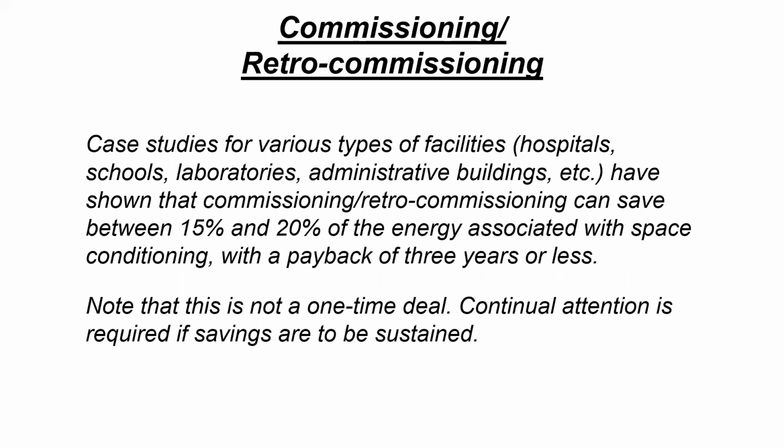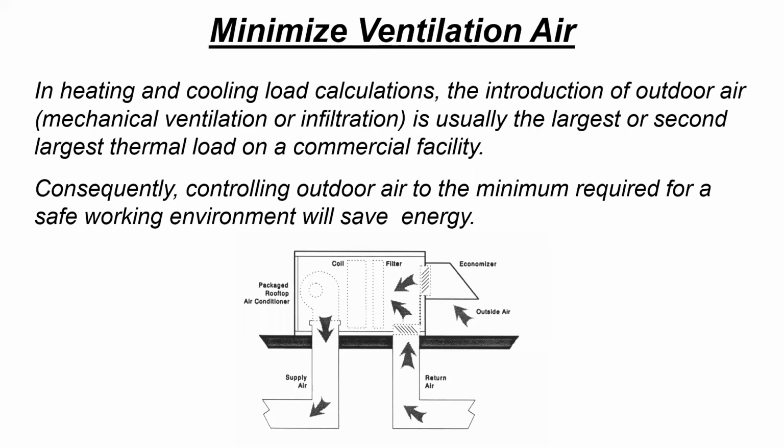Typically, regular retro-commissioning leads to a 15 to 20% saving in energy associated with space conditioning. Again, it's not a one-time deal, so you have to control it and have it checked regularly.